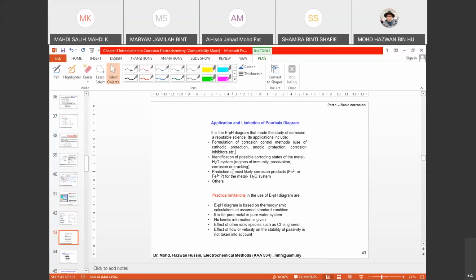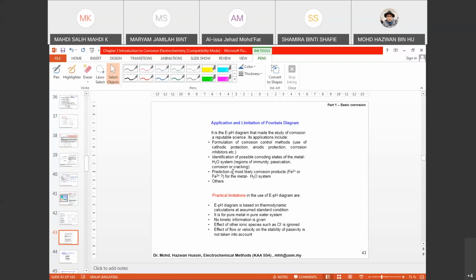So they asked me what condition is best for that particular material. So we studied the Pourbaix diagram, and then we measured the pH and the potential value. After that, we knew that, okay, we have to adjust the pH so that the potential value will be more negative, and with that we can actually control the corrosion.